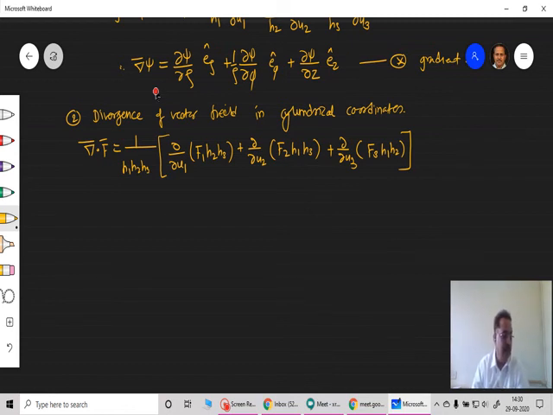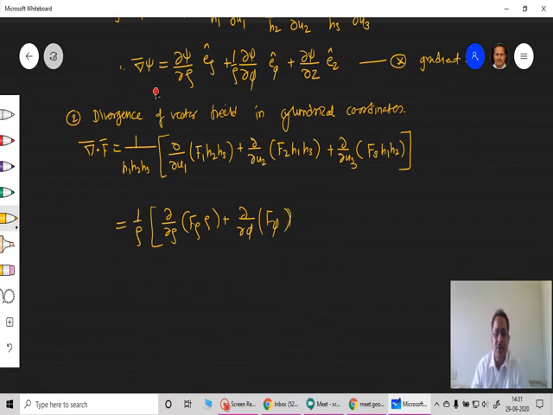Therefore you will get 1 upon ρ, the product of 1, ρ and 1 is ρ, into the bracket ∂/∂ρ of F_ρ into ρ (H2 is ρ, H3 is 1), plus ∂/∂φ of F_φ into H1 H3, which is 1 into 1, plus ∂/∂z of F_z multiplied by H1 H2, which is ρ again.